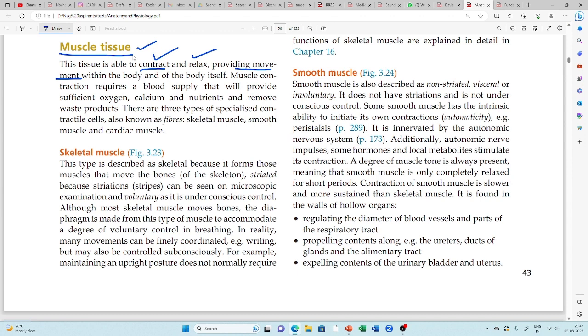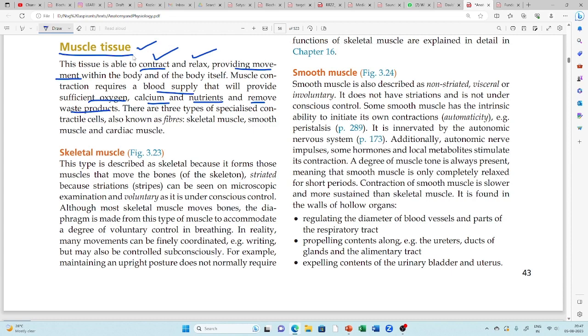Muscle contraction requires blood supply that will provide sufficient oxygen, calcium and nutrients and remove waste products. For proper functioning, growth and development, muscle needs blood.